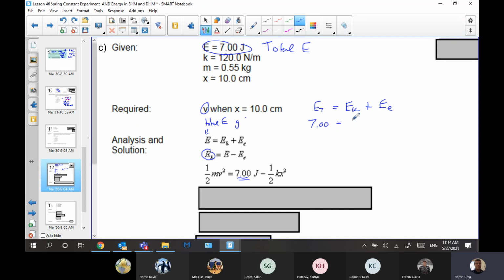So 1/2 of the m, which is 0.55, v squared. We're looking for the v value. And we know that adds up with the 1/2 kx squared, 120.0, but for calculations, it doesn't really matter. You're just keeping the number of significant digits in the end. So I wouldn't bother typing in 120.0, I would just type in the 120. This is your x squared, and that x value is given as 10 centimeters, so 0.1 meters.